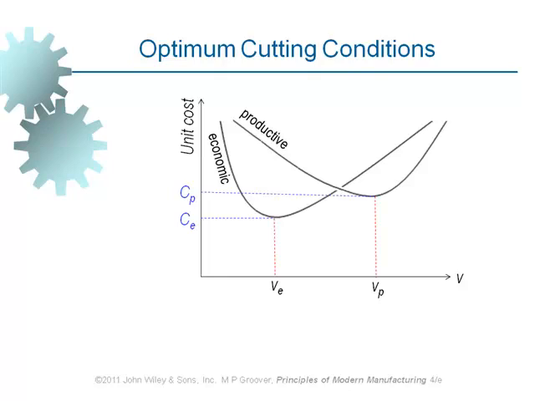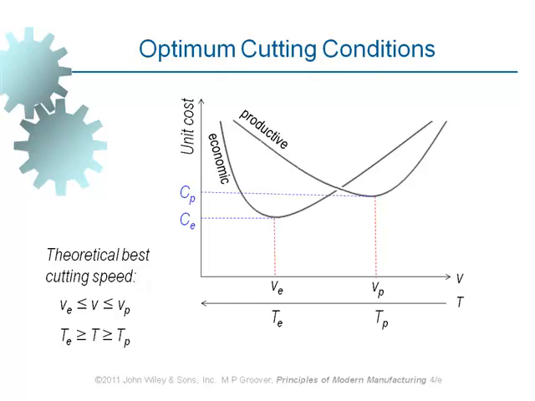And the range of useful cutting speed always lies somewhere in between the two. So the cutting speed should be chosen something between VE and VP, which gives us a tool life which is different.